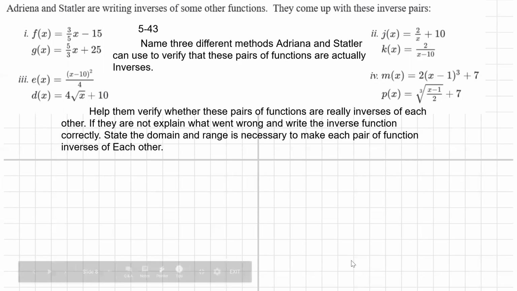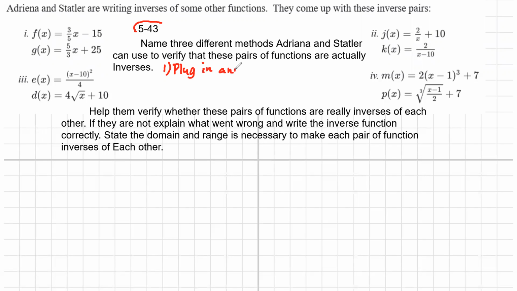Okay, so for part A, we can plug in a number into f of x and get some y value back, and whatever you get, plug that into f inverse of x.